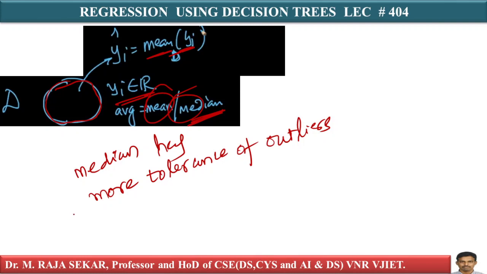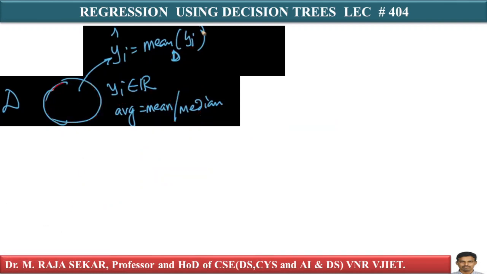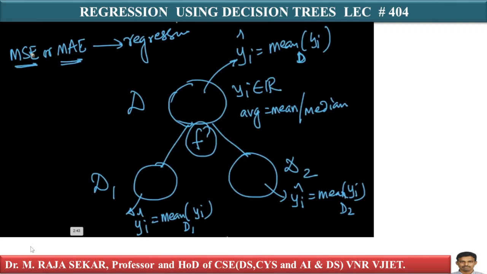Suppose I am trying to break this capital D using some feature. Let's assume I will get data set D1 and data set D2.